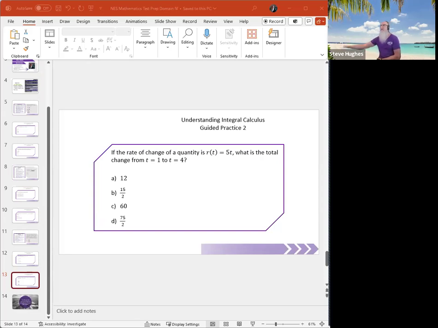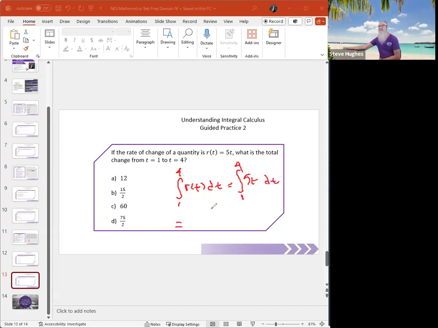So the function we want to set up is the integral from t equals 1 to t equals 4 of r of t dt, which in this case is from 1 to 4 of 5t dt.